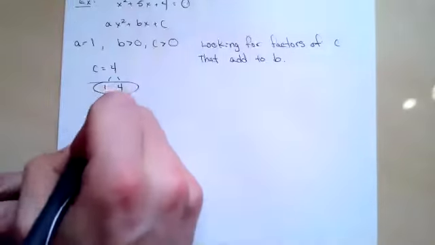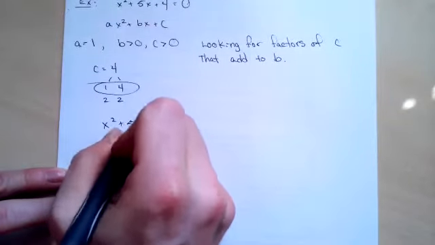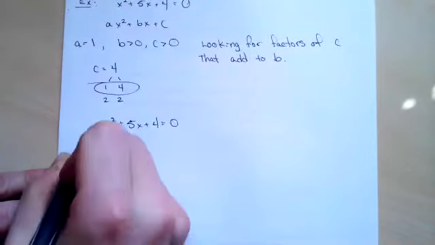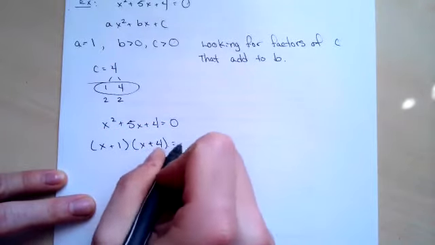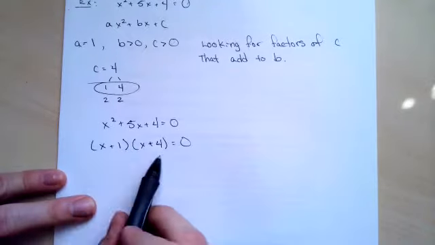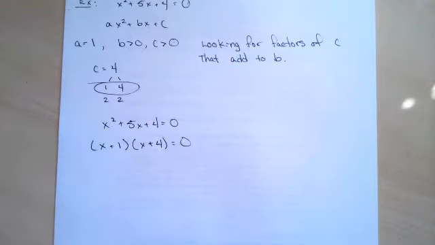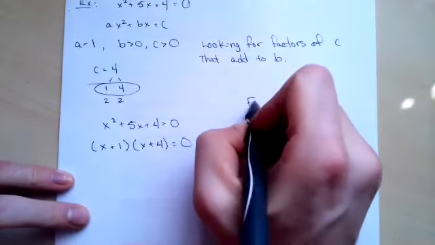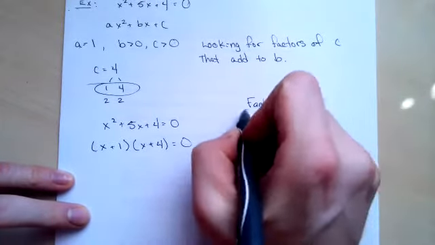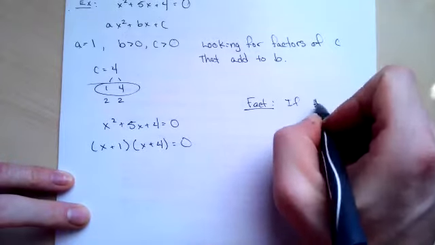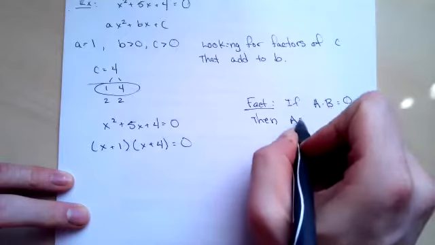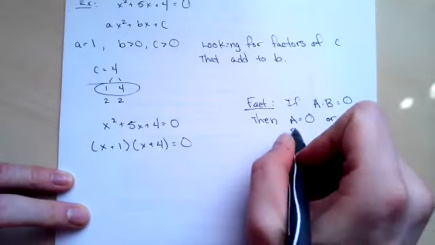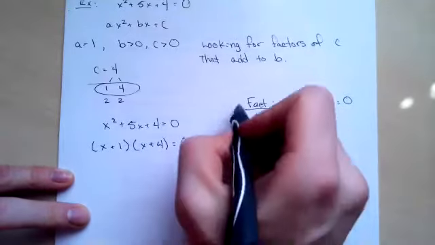So the way this quadratic polynomial will factor is going to be x plus 1 times the quantity x plus 4. And so our 1 and 4 just go in the sort of opposite side of our factors. And we're going to take advantage of the mathematical fact that if we have two expressions, a times b, that equals 0, then a equals 0 or b equals 0, or both.